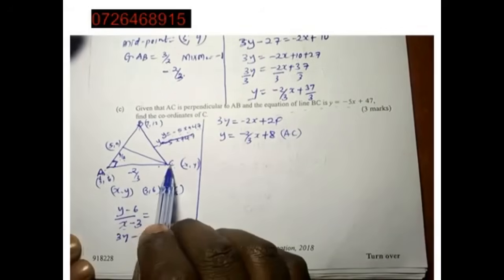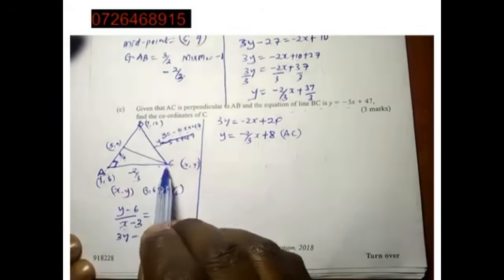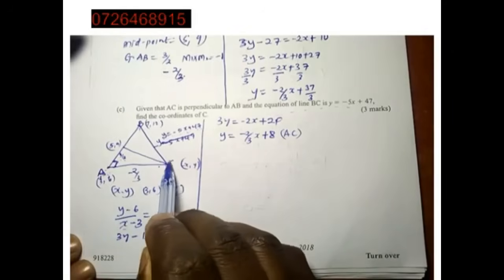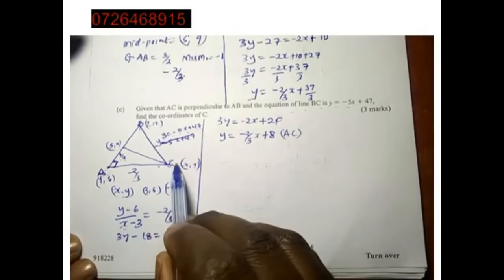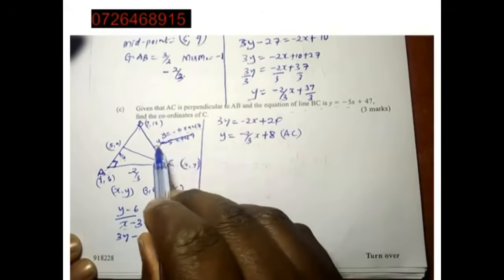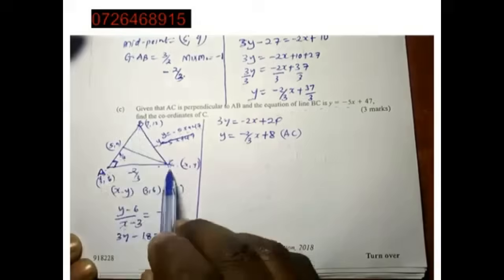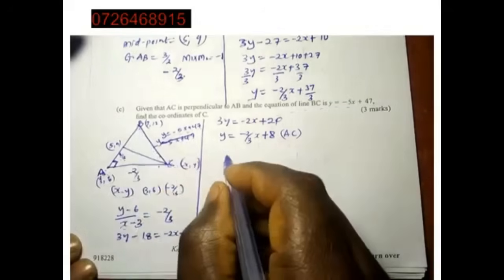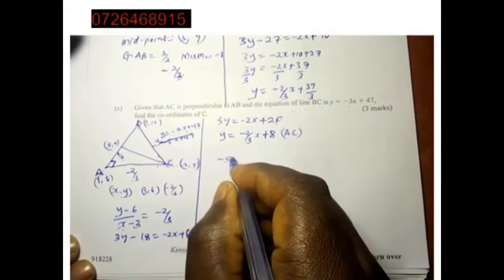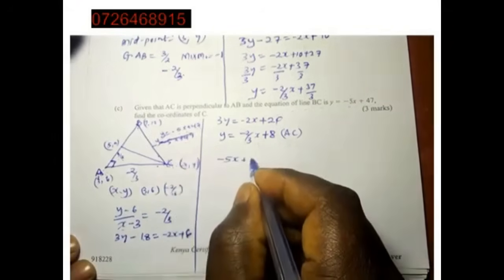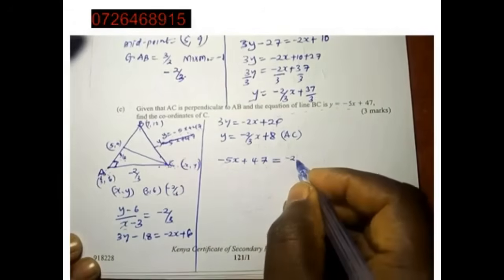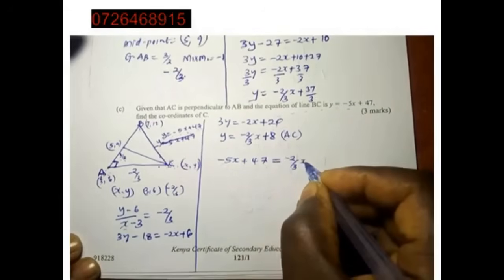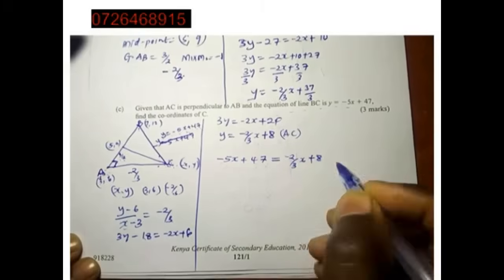But AC meets BC at the point C. It means at this point the value of y is going to be the same. So we equate the equation of y of this line and the equation of y of this line. So -5x plus 47 would be equal to -2 over 3 x plus 8.